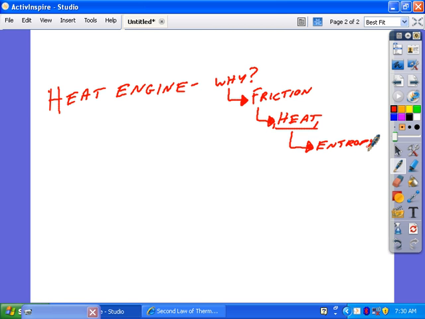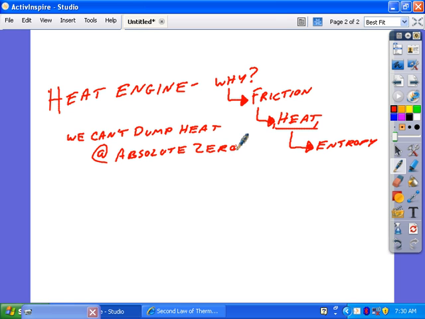Now, it's also easy to think about this in terms of where you're putting the engine based upon the low temperature dump. We cannot dump heat at absolute zero. Well, I'm going to say permanently. No matter what, you need to dump the heat in some reservoir. That heat needs to go somewhere.